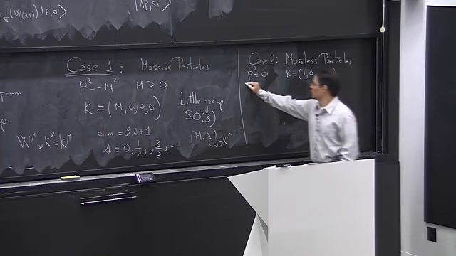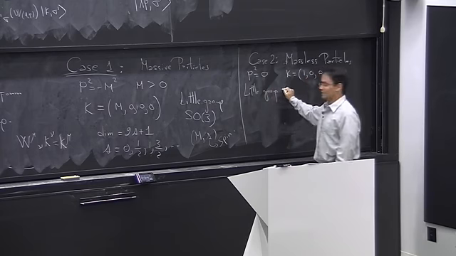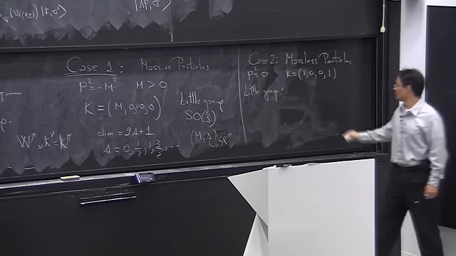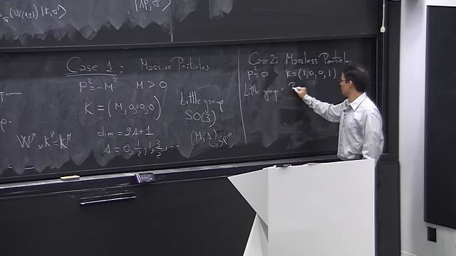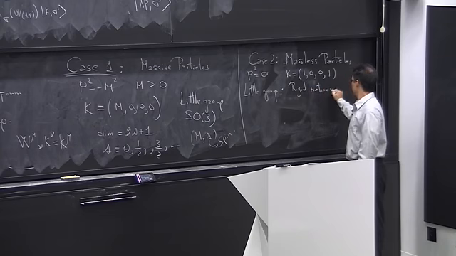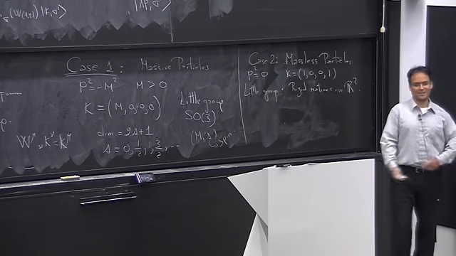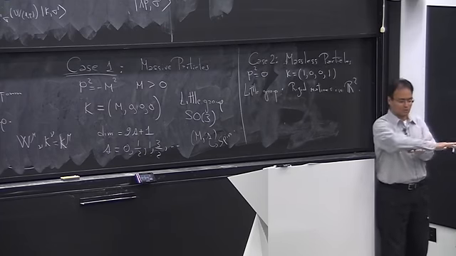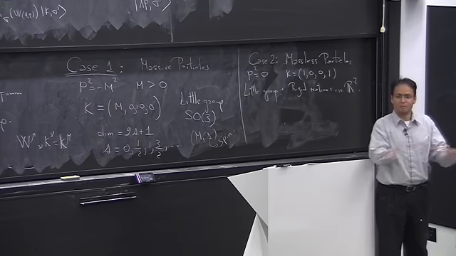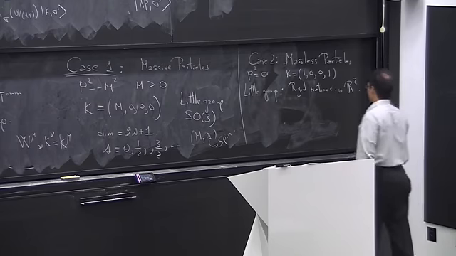And the little group, this is what you're going to work out during the tutorial, is a group of rigid motions in 2 dimensions. It's funny that a group of rigid motions, meaning rotations in 2 dimensions and translations, appears as a subgroup of the Lorentz group. But it does, and that's what you're going to show.